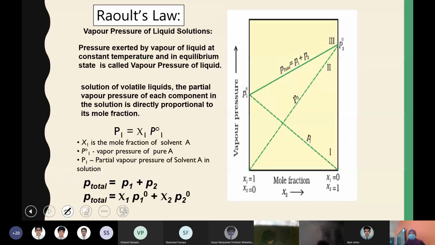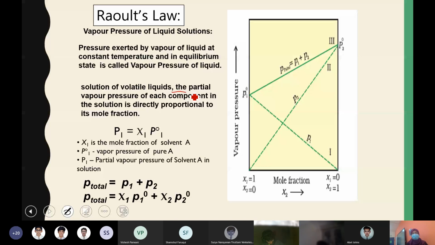So here Raoult's law graph is explaining how the vapor pressure varies in terms of the first component or the second component. In both ways you can explain. With respect to the first component, how the vapor pressure changes when the concentration changes.